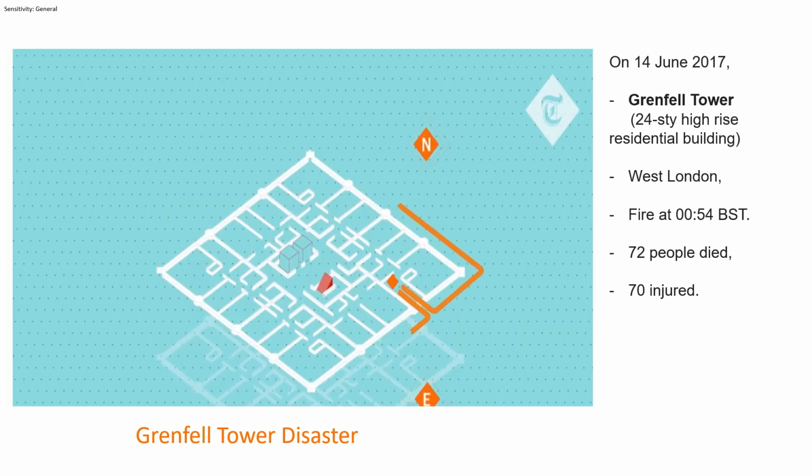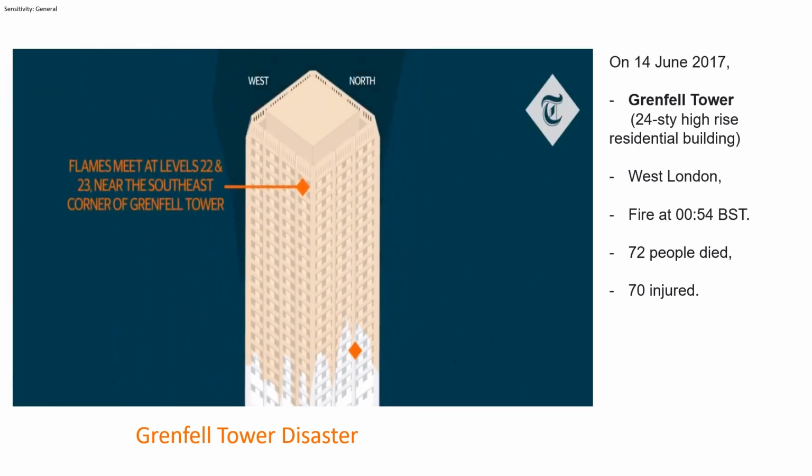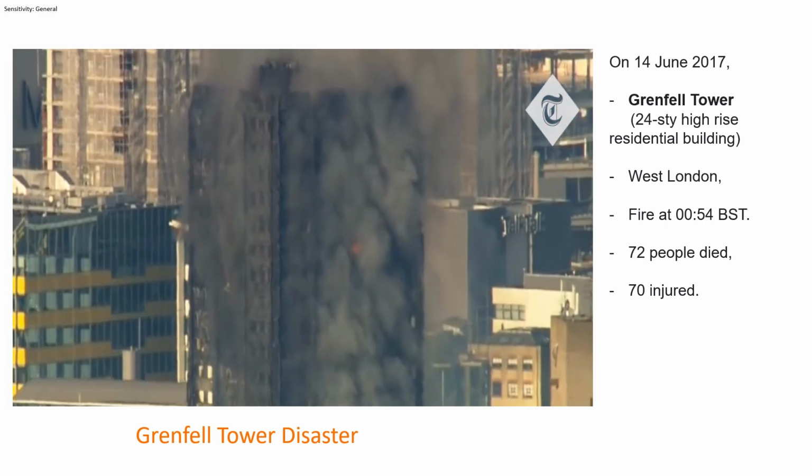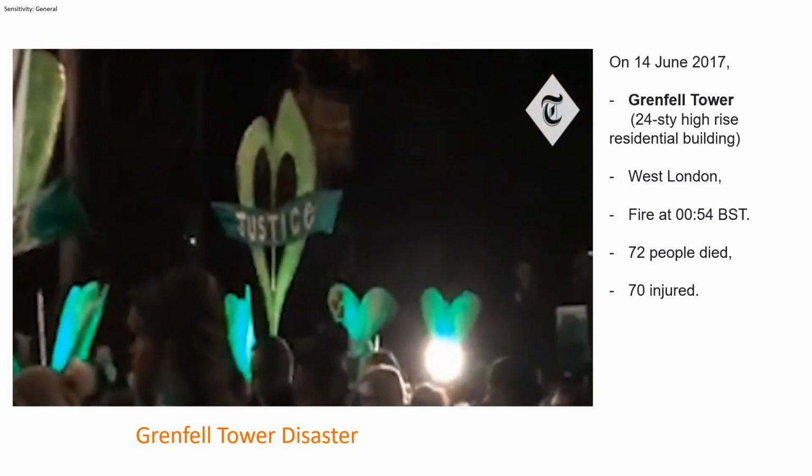While the fire was spreading upwards, it was also spreading horizontally at a tremendous rate, and in opposite directions, until all 4 elevations of the building were engulfed in flames. The flames met at levels 22 and 23 near the southeast corner of the building. In total, 98 flats were exposed to the flames. 72 people lost their lives in the tragedy.